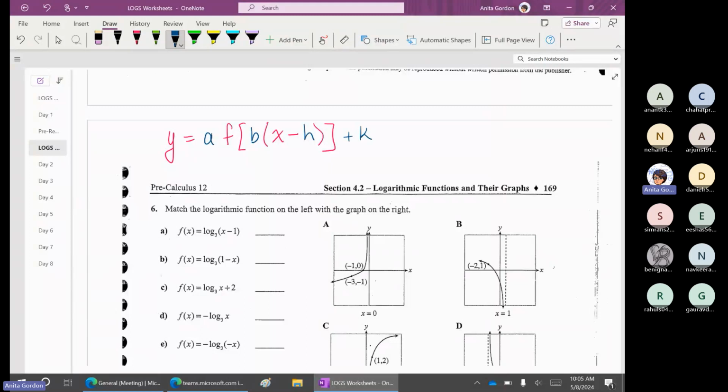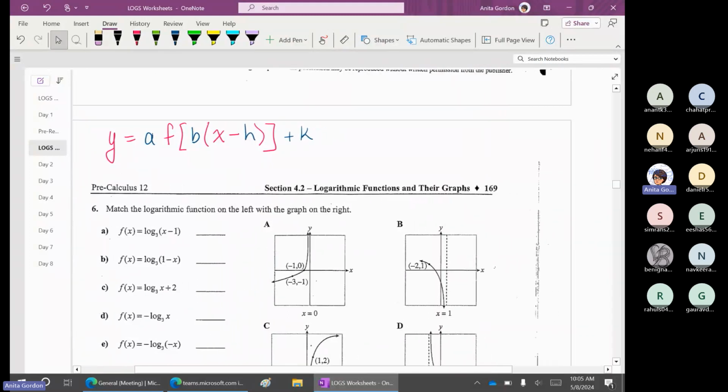We know what they're supposed to do to the graph. When we work with logarithms, this is how it's going to look. y equals a log base... I should have another letter for the base because it's not b. Okay, I'm just going to use b for a minute.